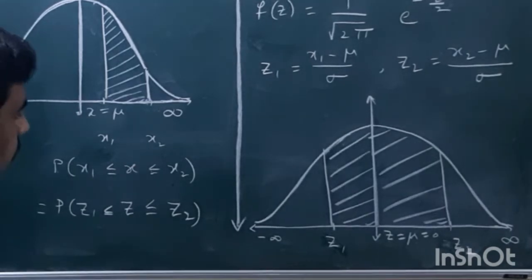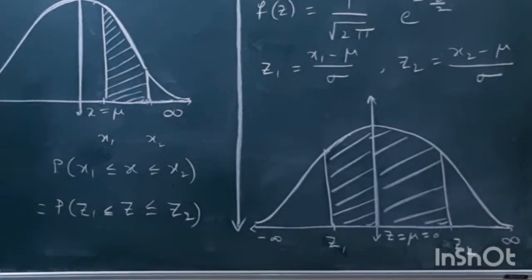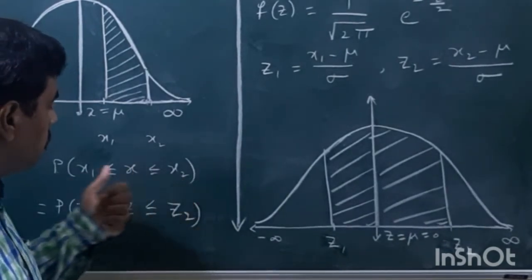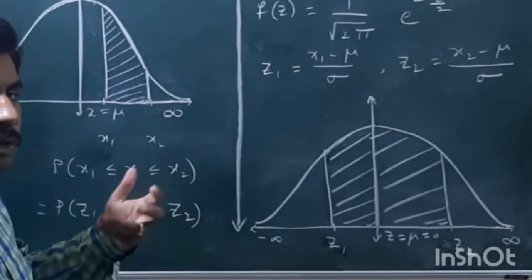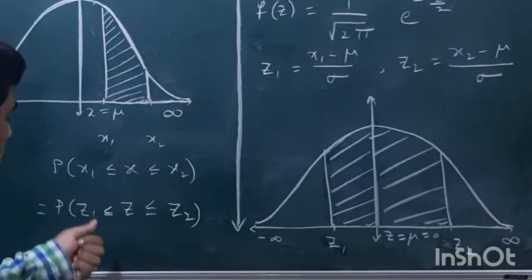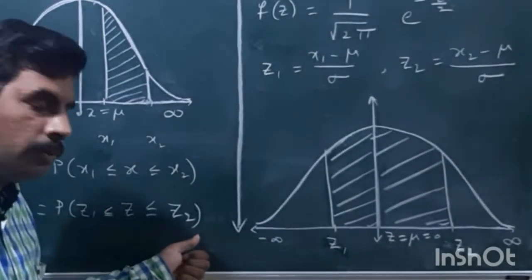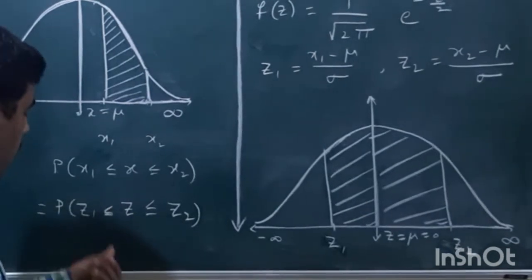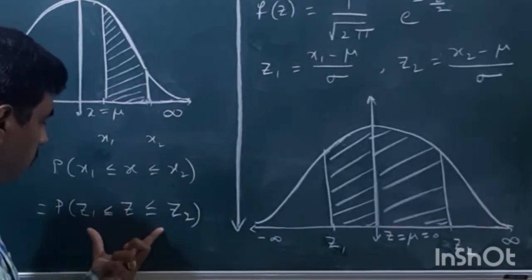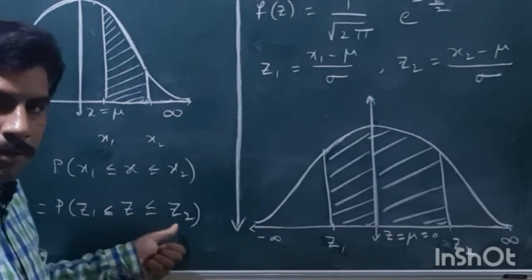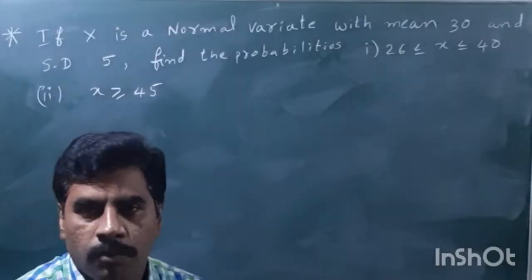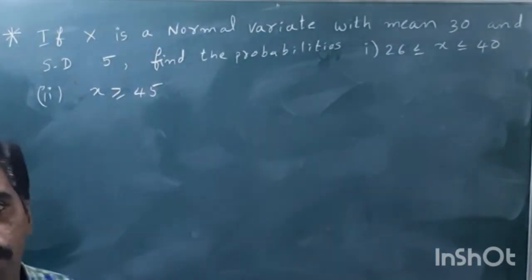Therefore, instead of finding the area between x1 and x2, which are larger values, we will find the area between z1 and z2. But to find the area under this curve between z1 and z2, we will use the distribution table.